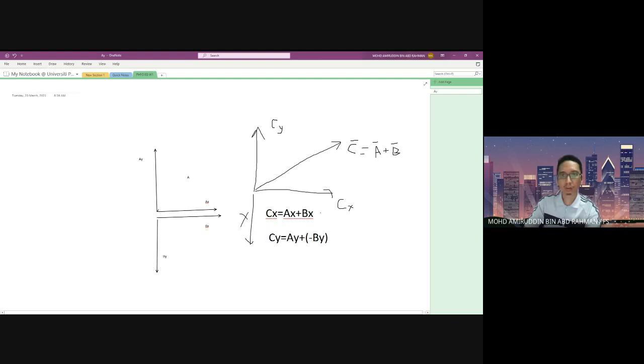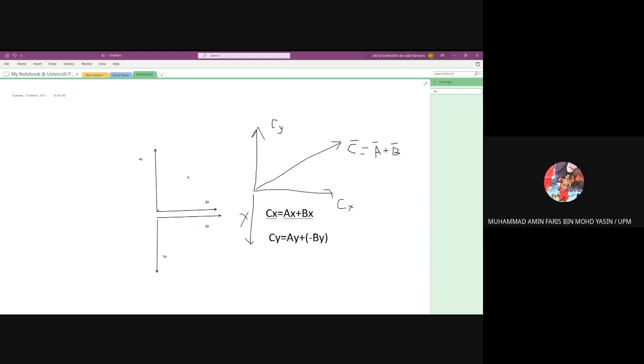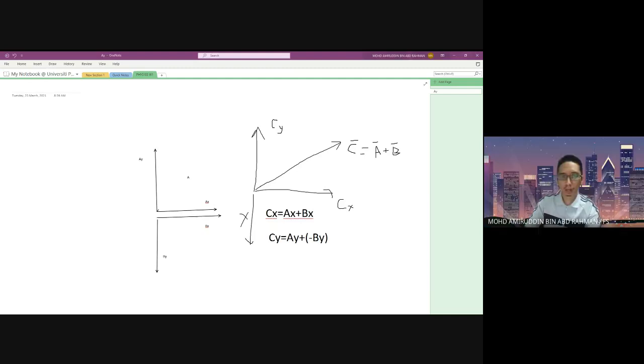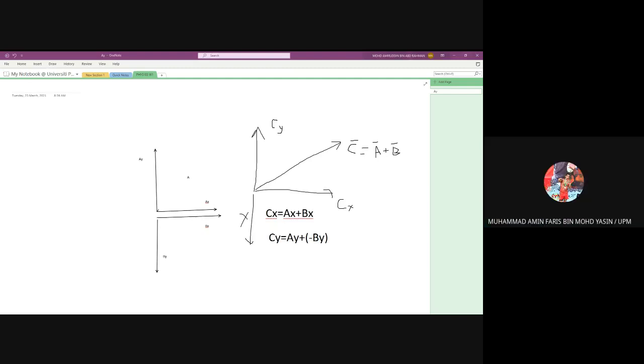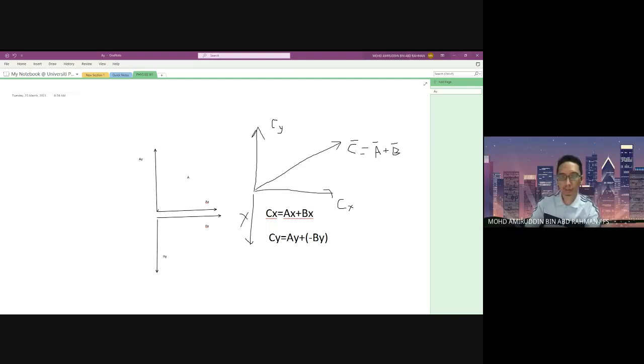So first, what is CX? CX is 2.35 and CY is 0.775, or 0.8. All right, so you need to find out what C is.